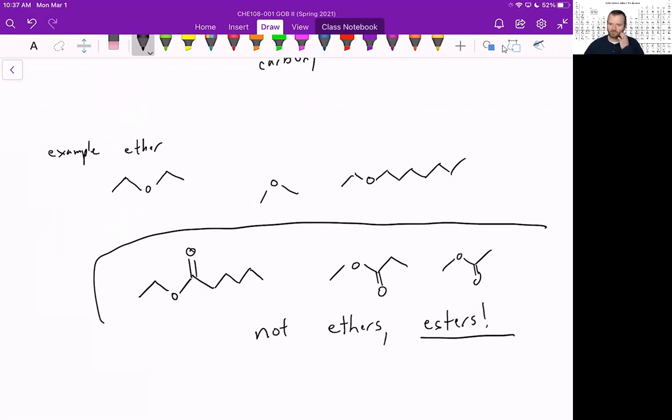The chemical functional group ester is spelled without an H. But again, notice you've got to have an oxygen atom, a carbon atom bonded to two oxygen atoms, and a carbonyl present. So notice the difference there. Ethers are not esters and esters are not ethers. They're distinct.